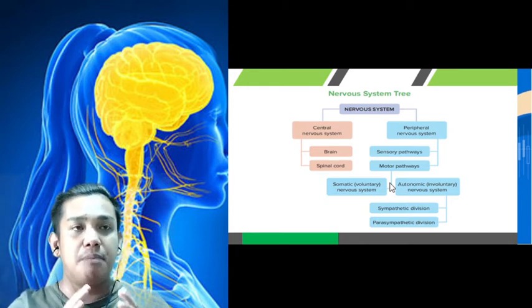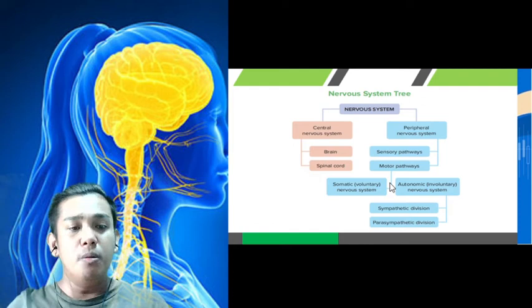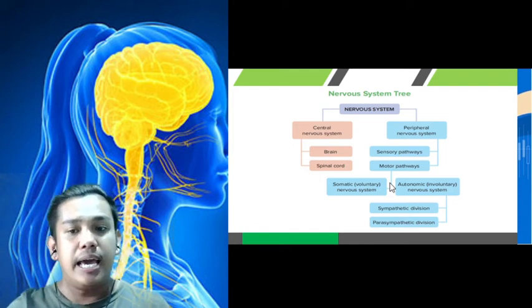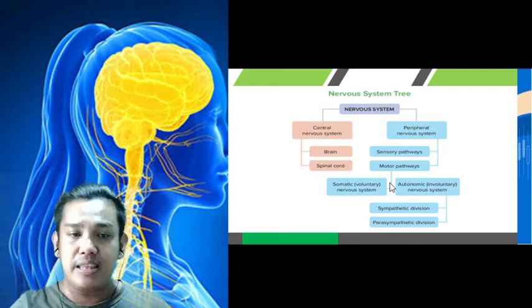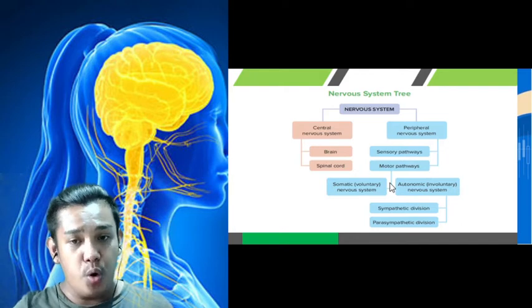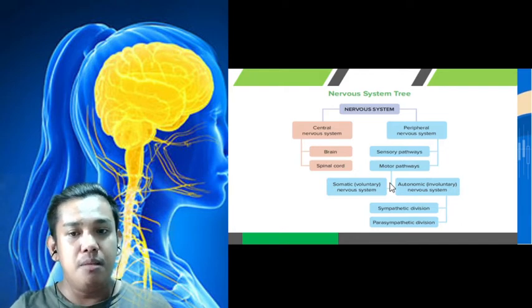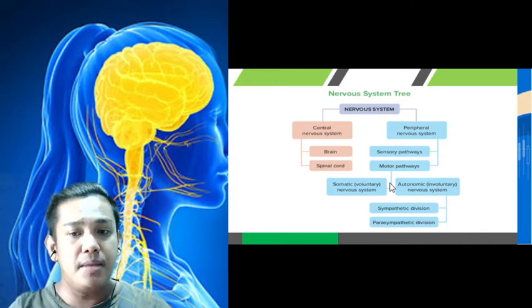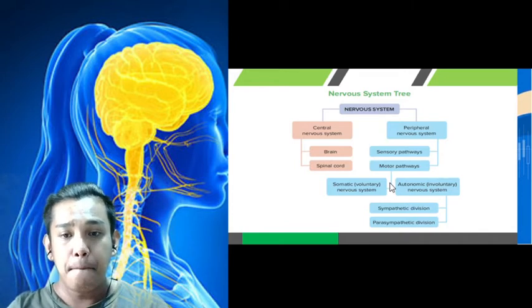The nervous system is divided into two parts, the central nervous system and the peripheral nervous system. Under the central nervous system, we have the brain and the spinal cord. For the peripheral nervous system, we have the sensory pathway and the motor pathways.